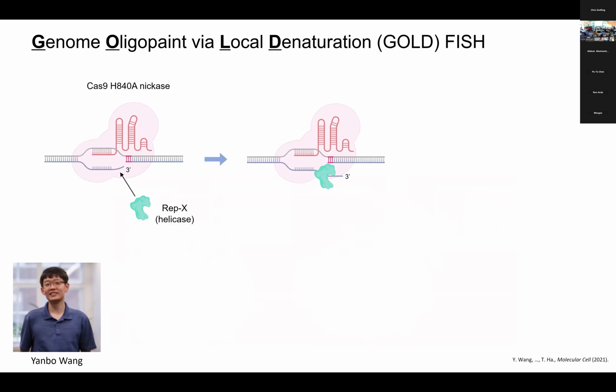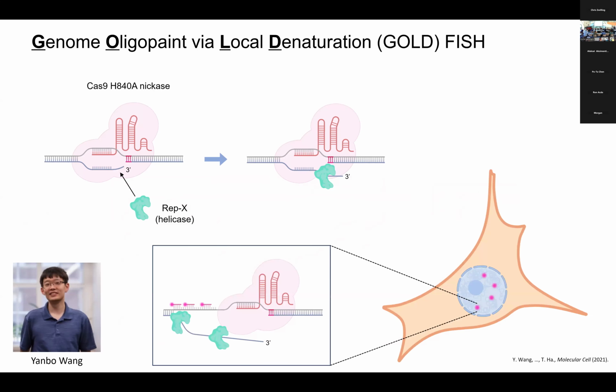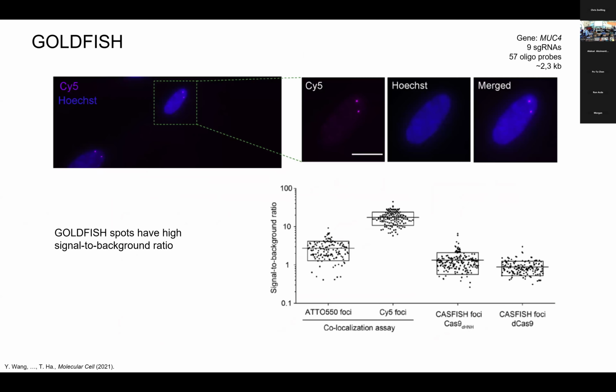So after the Cas9 incubation, we can treat the sample with Rep-X, and Rep-X will target this 3' overhang and unwind the DNA, which generates the single-strand region for us to hybridize with the DNA FISH probe. So this method has been quite successful. Compared to CAS-FISH, the signal-to-background ratio is about a 10-fold improvement.